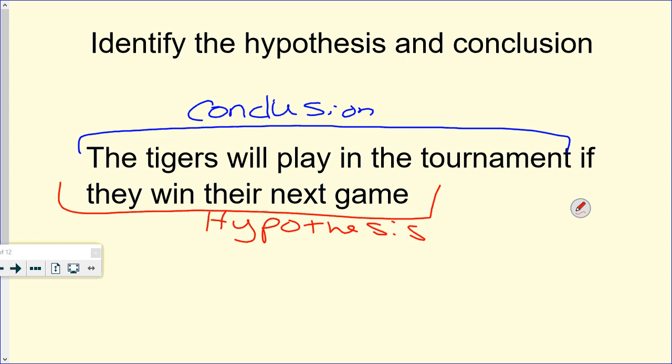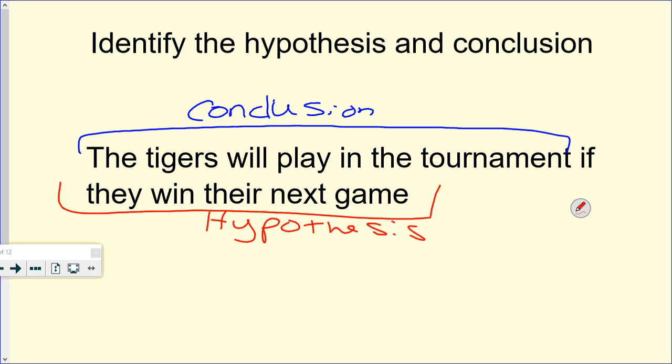All right, guys, see if you can handle finding the hypothesis and your conclusion in your next one on your own. Which part is the hypothesis and which one's the conclusion? Remember your conclusion, a lot of times you can look through those vocab words or it's the result.